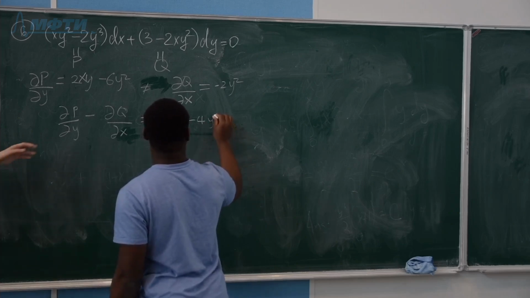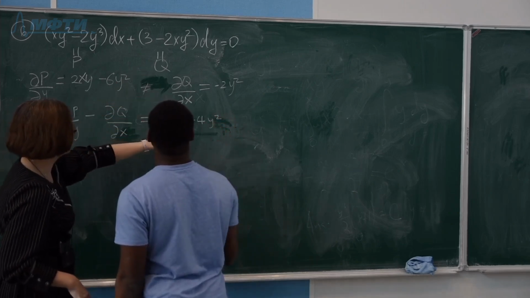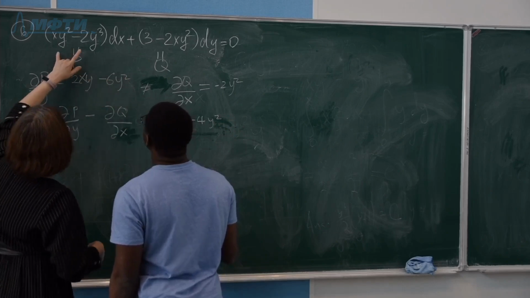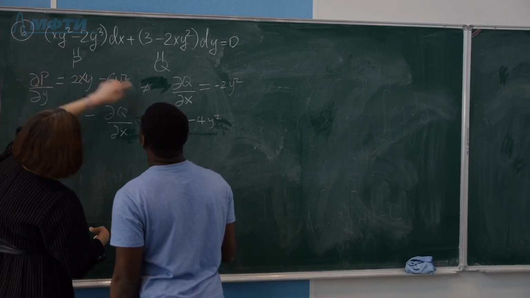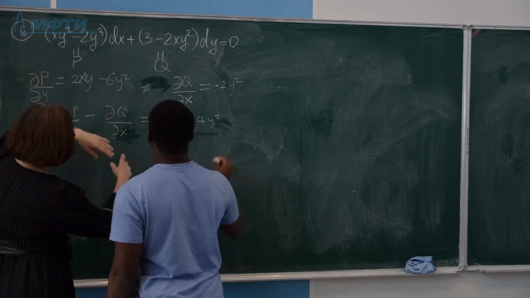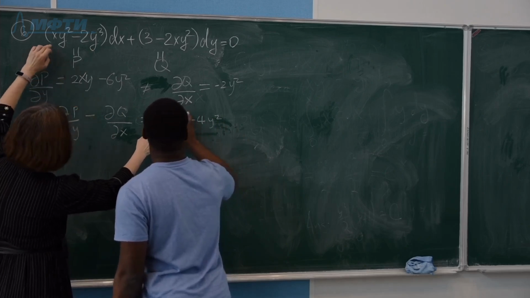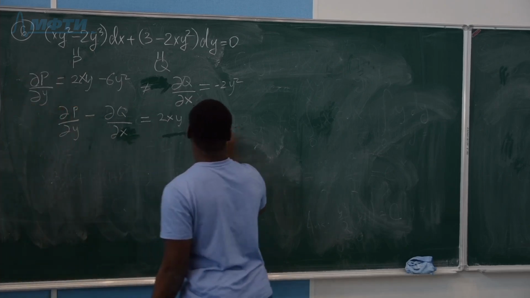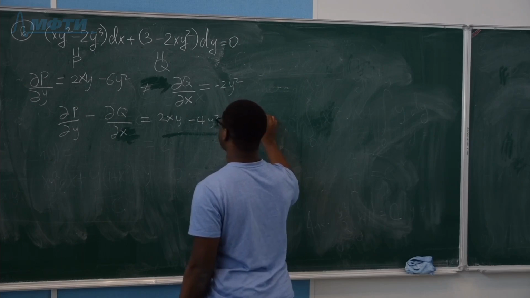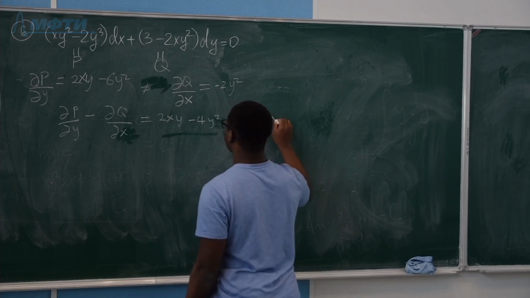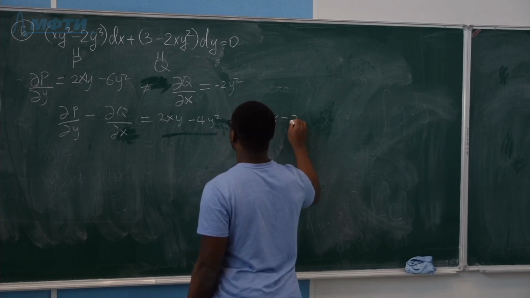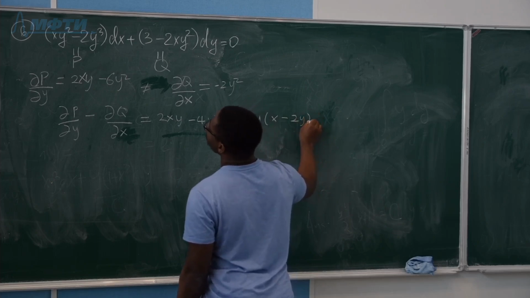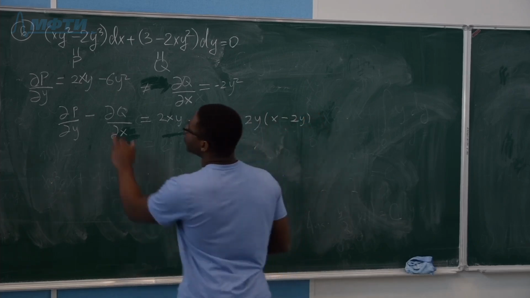I can't see the factor of 3, but if we compare with 1 and 2, and here 2 and 4, I think it can be divided. Let me write this: 2x minus 2y, and try to divide by P, I think.